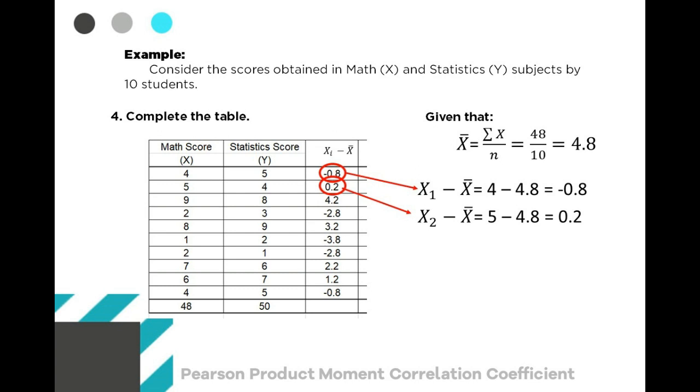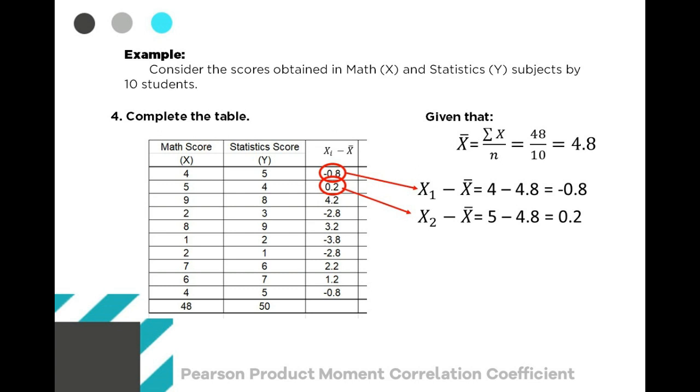Next, we have X sub 2. X sub 2 is 5 minus 4.8, which is equal to 0.2. So we have X sub 1 minus the mean is negative 0.8, as shown on our screen, and then X sub 2 minus the mean is equal to 0.2, and so on and so forth. For you to verify the result in our table, you can compute for the rest of the data natin.